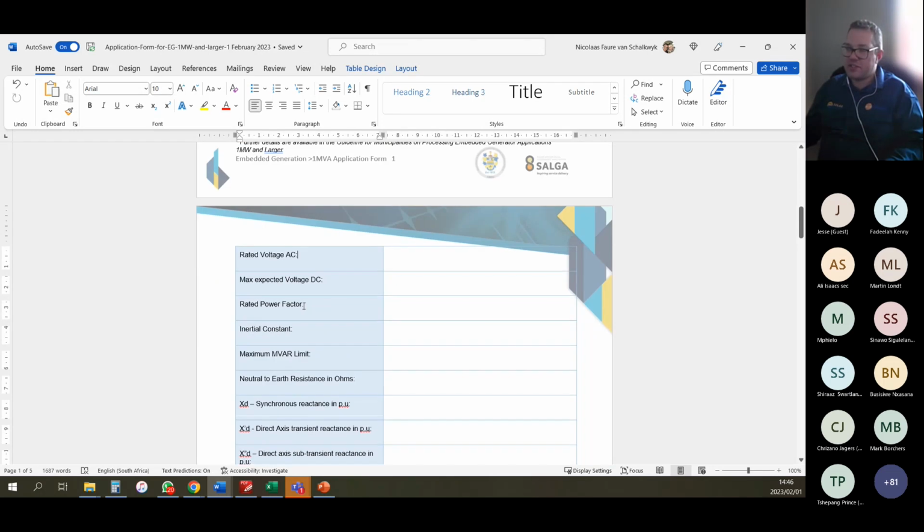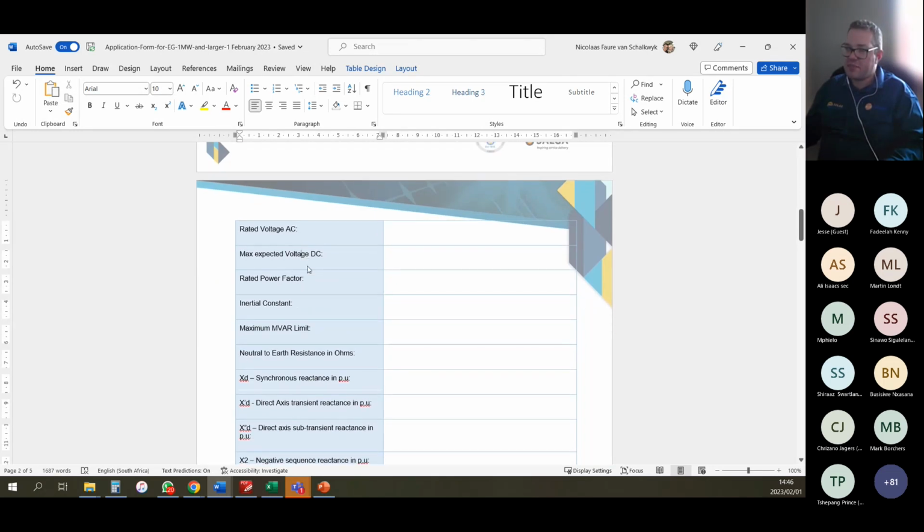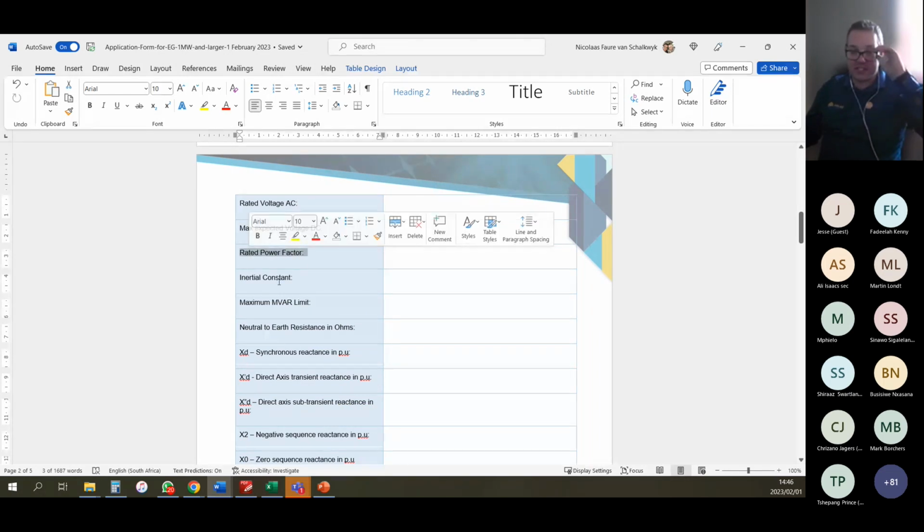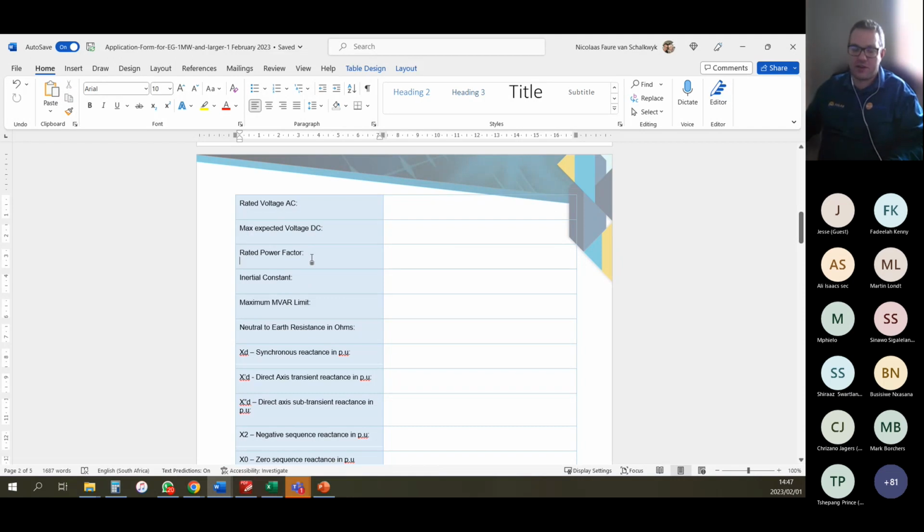The rated AC voltage, the maximum expected voltage on the DC side, the rated power factor. We know for inverters, it's typically set to 1. I'm even thinking that will come with the grid code to talk about the power factor range, because it needs to have certain capabilities for different categories. But as a minimum, they want to know at what rated power factor it will operate.